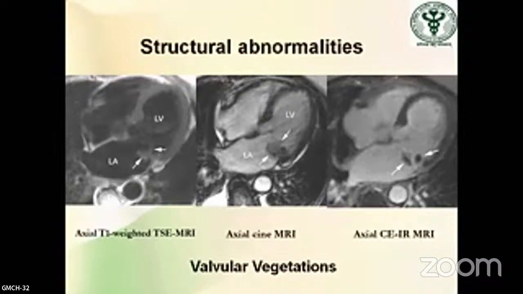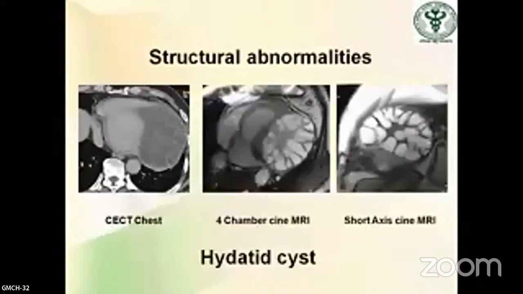What lies on the valves? Vegetations or a tumor. This patient has a background of low grade fever coming and going. So this is a bacterial endocarditis with vegetation which is causing this. Your ability to weld your clinical features with imaging is what makes the diagnosis.